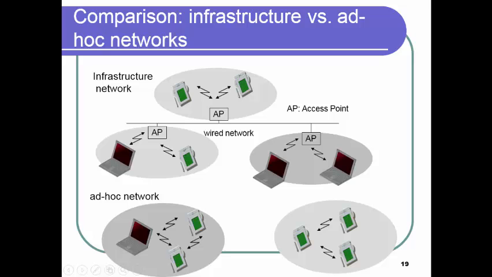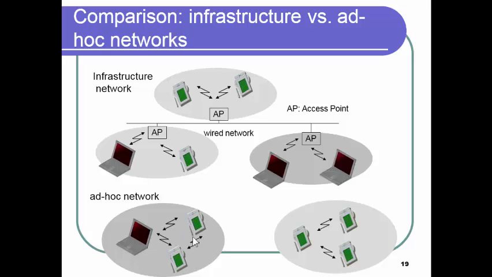So 3 access points are connected and the coverage areas do not overlap. If we adjust the access points in such a way that the coverage areas overlap, at that time we can use the roaming feature of the wireless local area network. So this is about the infrastructure.